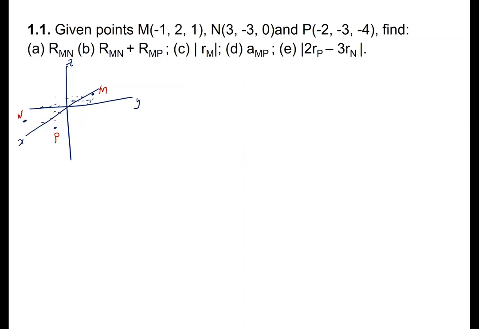RMN is the vector from M to N. What is that vector?